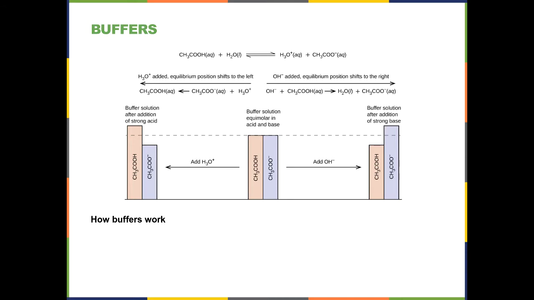Conversely, if you add base, it shifts the whole reaction to the right and you form extra acetate ion. Again, the addition of the base causes the reaction to shift to the right this time, and formation of more acetate ion, which again slowly dissipates.